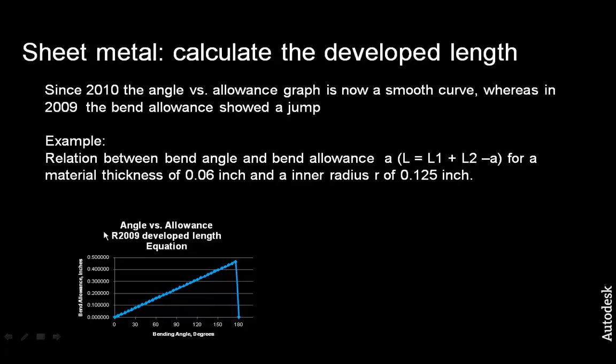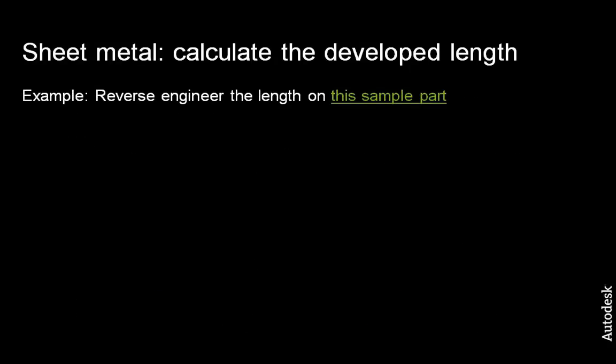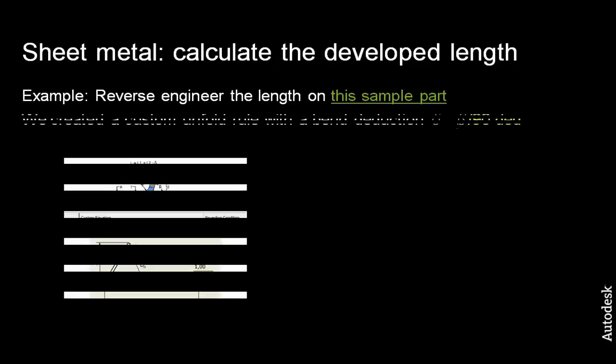That was how this graph came out in 2009. When you do the same graph in 2010, you see that for all bending angles from 0 to 180 degrees, you have a smooth increasing linear curve. So enough mathematics. I think the key point is how can you reverse engineer the length on a sample part.